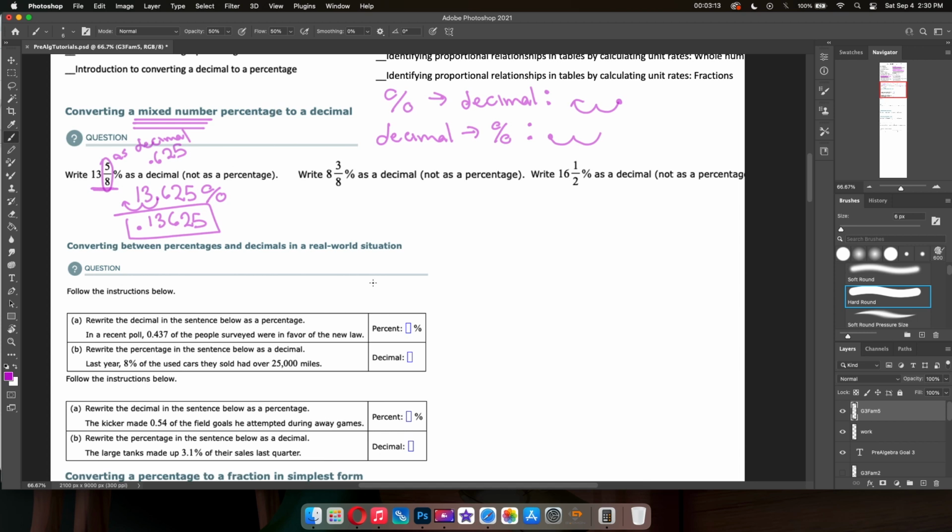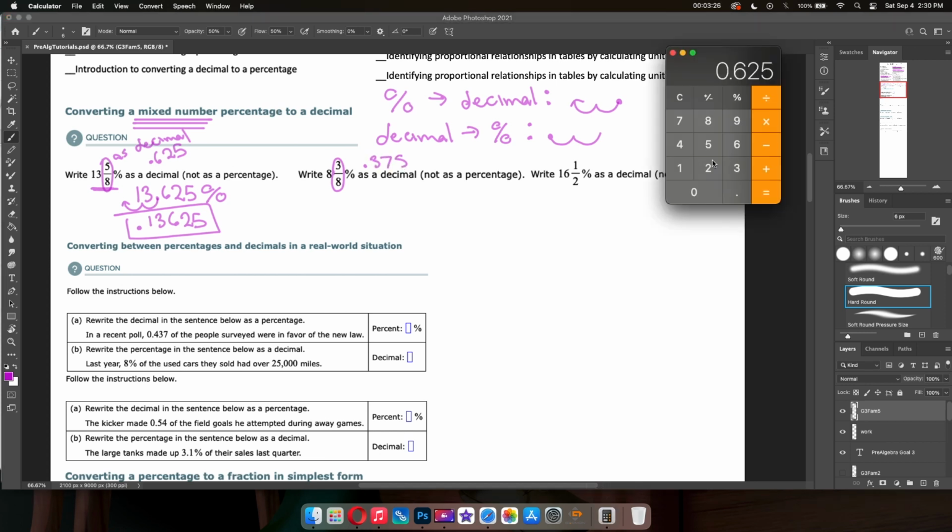Next one, we need to convert. Oh, we have another 3/8. I didn't see that when I was doing the screen grab. So what is 3/8 as a percent? Do I know that off the top of my head? I believe it's 0.375. Let's double check our calculator. We're going to do 3 divided by 8, and it is in fact 0.375.